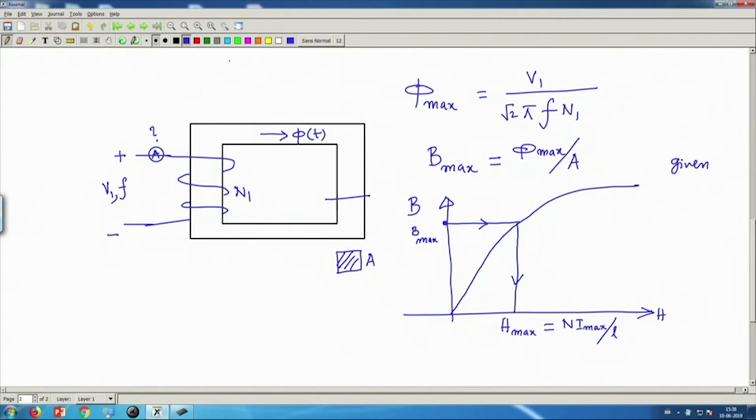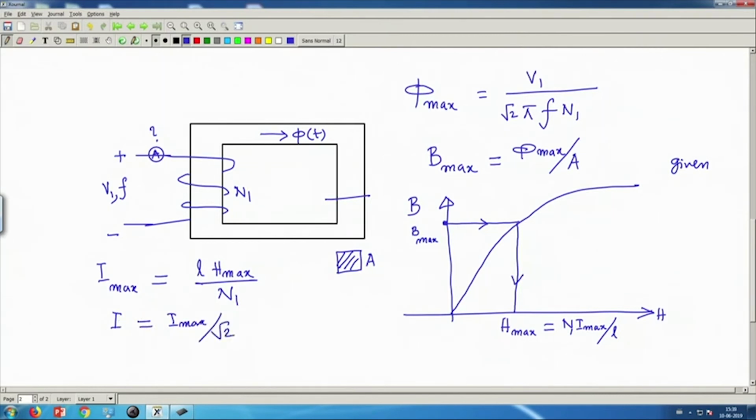And from this I will say that I max is equal to L into H max by N. I am sorry, N1 it is. So, the maximum value of the current drawn is known, and then the ammeter reading, if it is an MI meter, I RMS will be equal to I max by root 2.